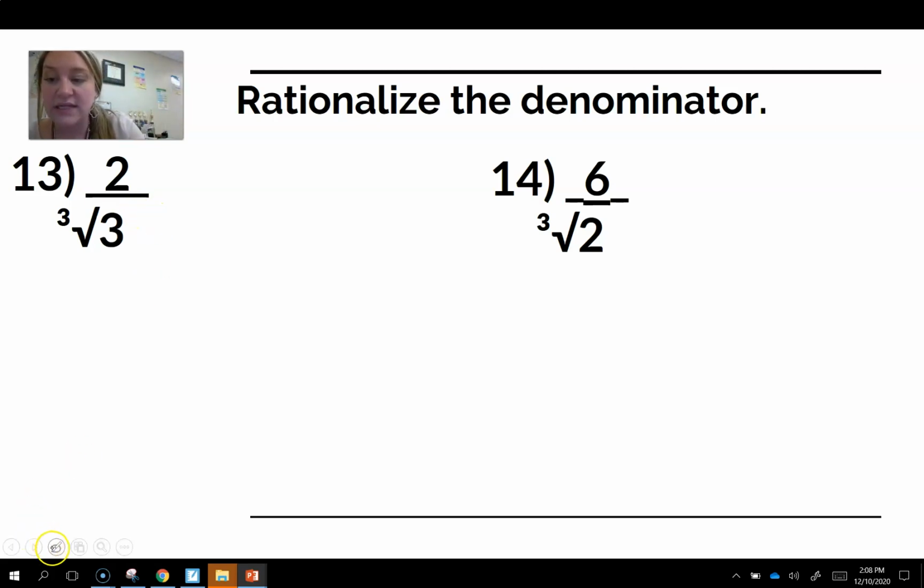So we got to think, what's going to make that radical go away? Well, all the other problems I was doing, remember, things came out in numbers of the root. So here, I'm going to need 3 of the same number for something to leave the radical. I only have 1 3 right now. So in order for that 3 to get removed, I need 2 more.